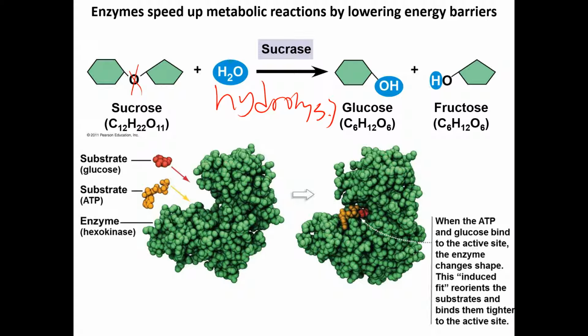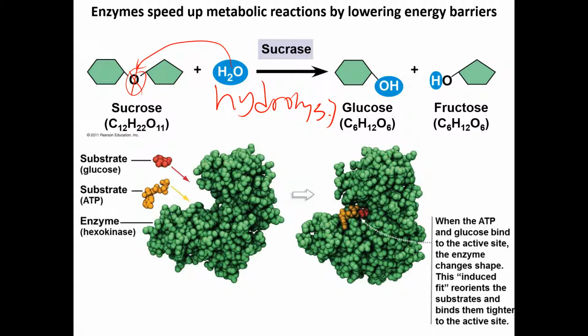What exactly is taking place here? Well, your sucrose molecule binds to the enzyme sucrase. Sucrase will wrap around that molecule of sucrose. It will bend and orient the molecule so that the oxygen atom here is exposed so that the water can come in and break it.